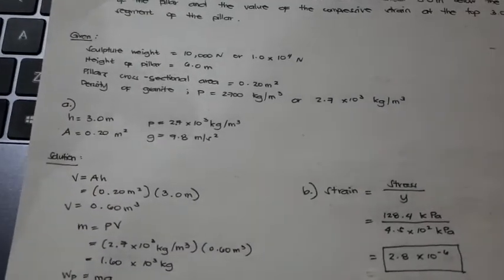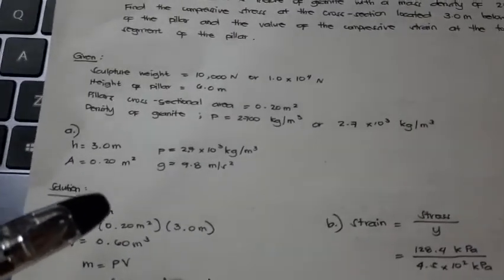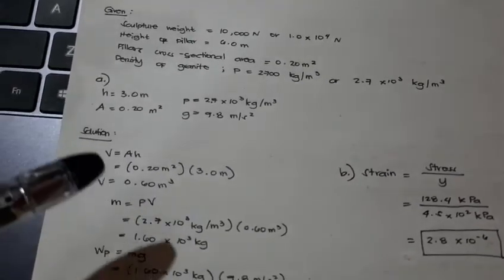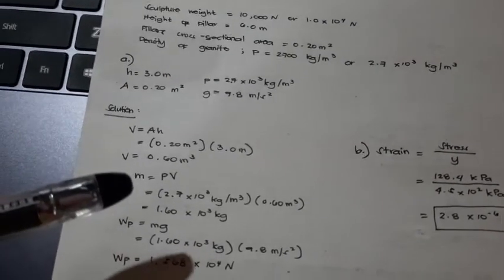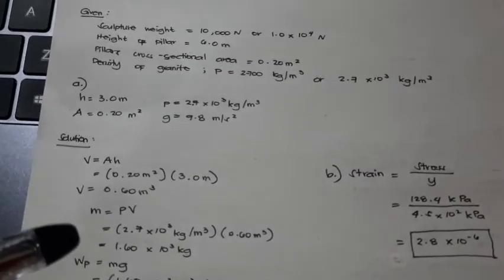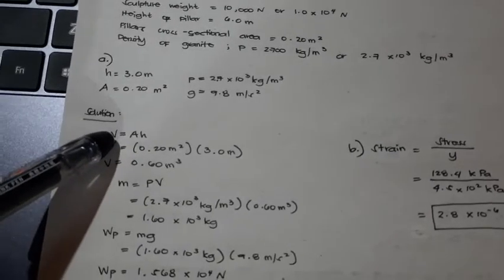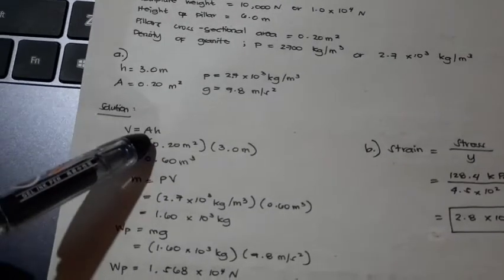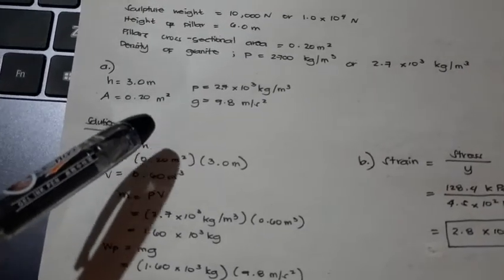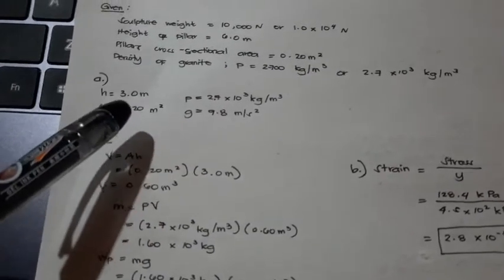So to find the compressive stress, ang compressive stress lang gipangita, need na to siya pangitaon ang weight of the pillar. So ang pagpangita sa weight of the pillar, we must need first the value of its mass. So to solve the volume of the pillar, ato i-multiply ang cross-sectional area, which is 0.20 meter squared, dayon ang height niya, which is 3.0 meter.